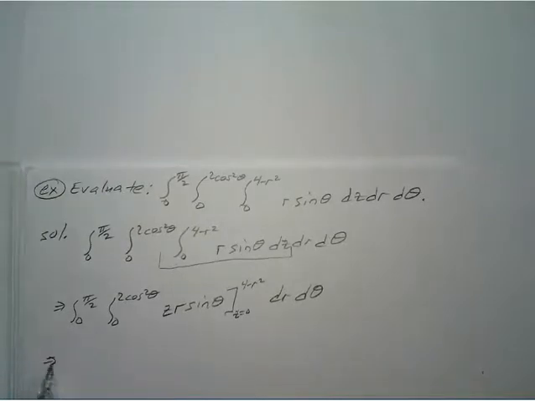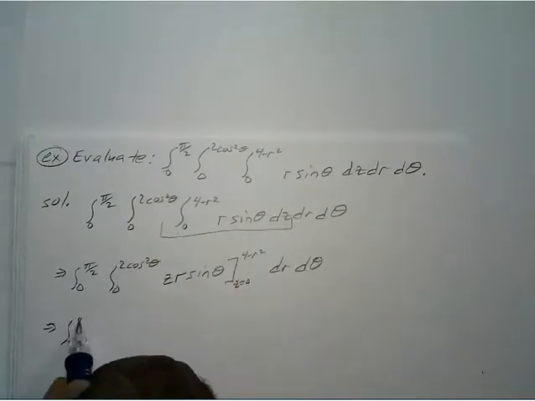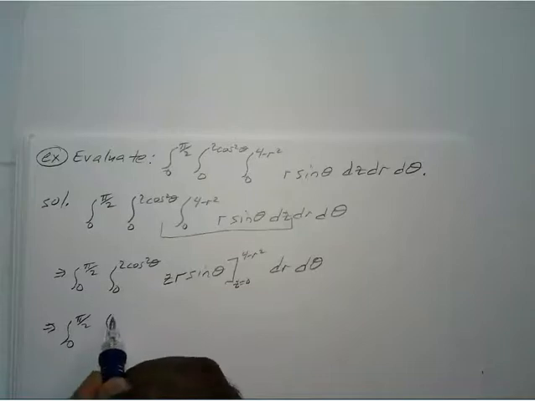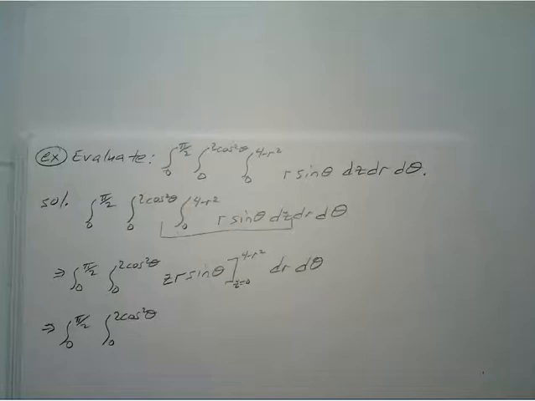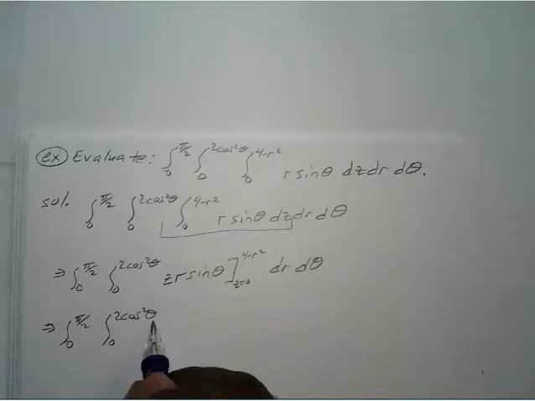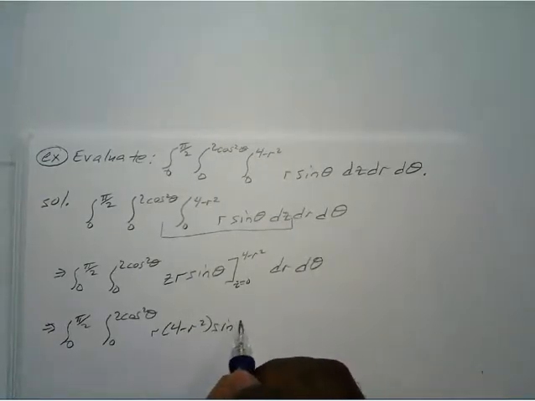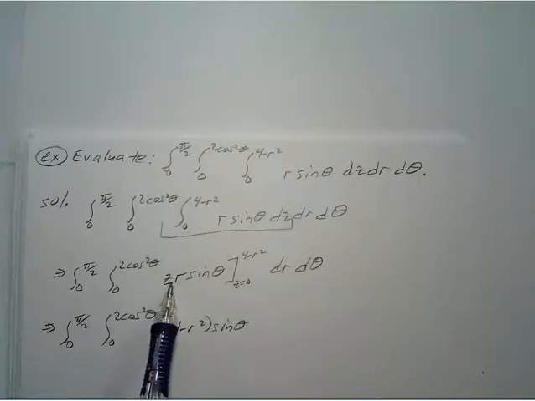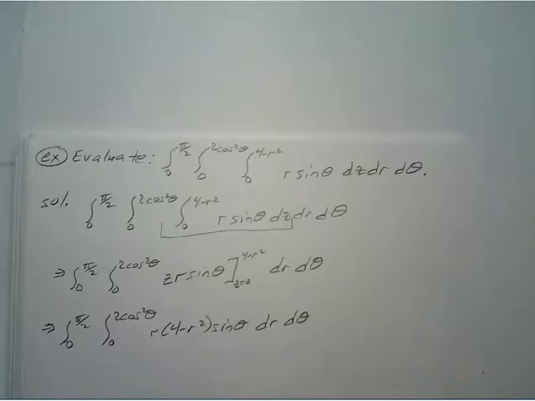All right, so we plug in, from 0 to 2 cosine squared theta, 4 minus r squared times r times sine of theta. I'm just going to put the r on the outside: r times 4 minus r squared times sine of theta. You plug in z equals 0, that's just 0, so we're good there. And that's dr d theta.